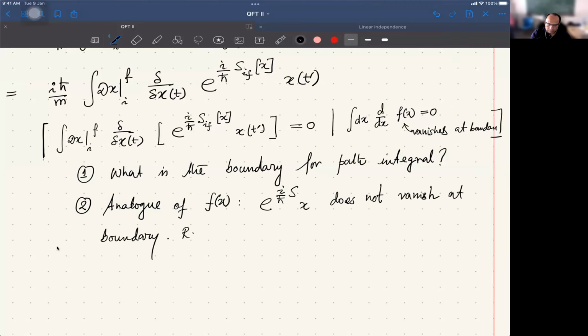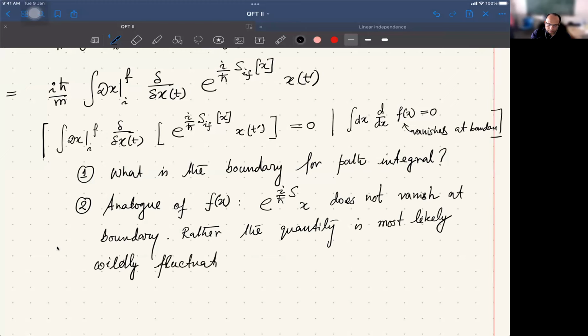Rather, the quantity is most likely wildly fluctuating near the boundary.